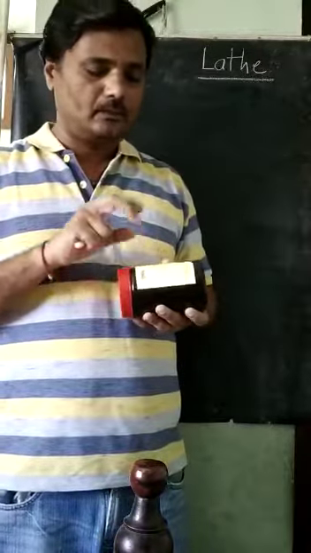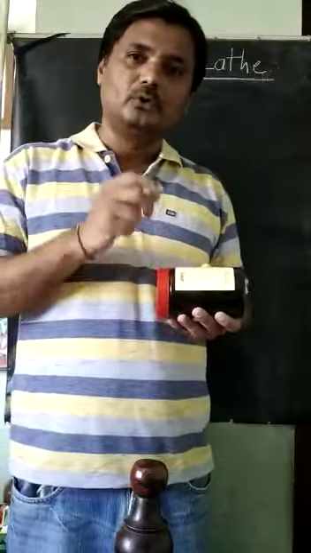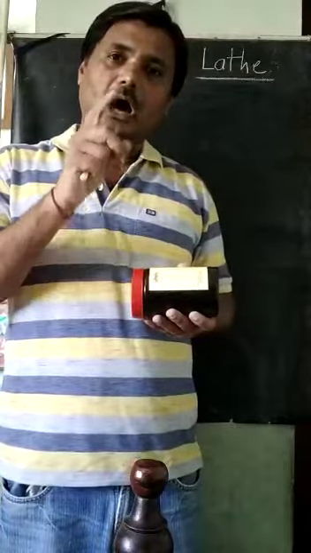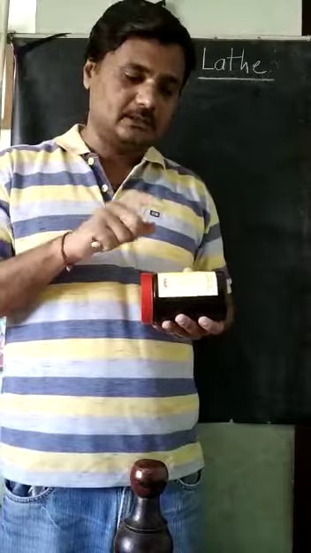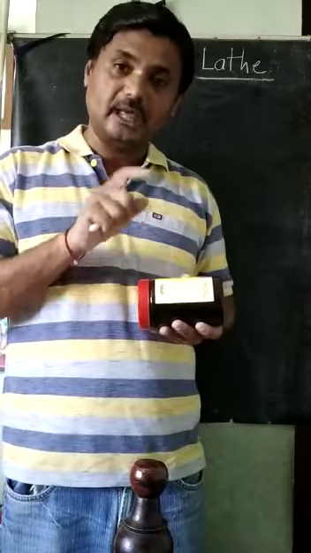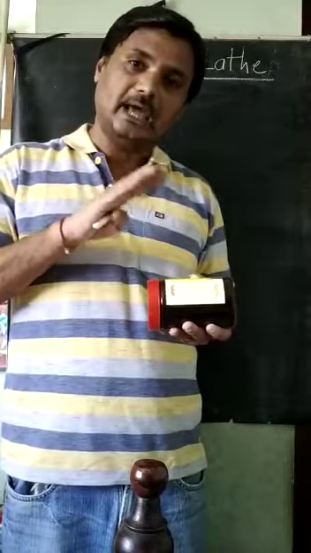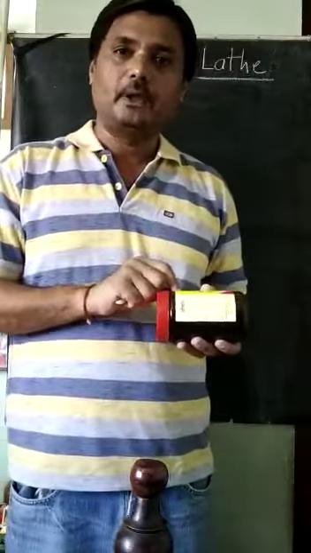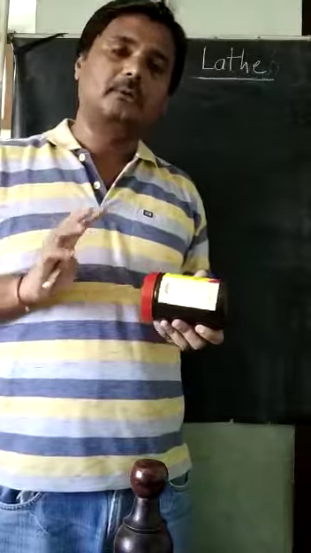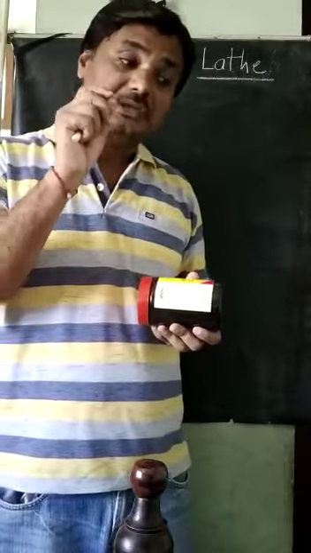First thing, to remove the metal, we need a material harder than this material. If it is mild steel, then some harder material is required, and for that hard material a sharp edge is required.